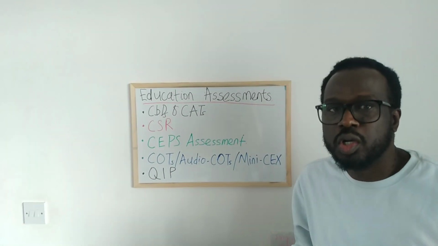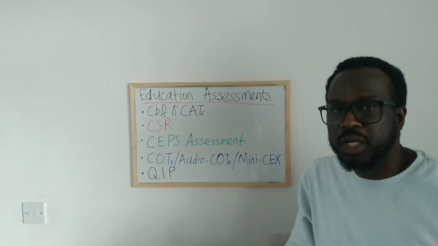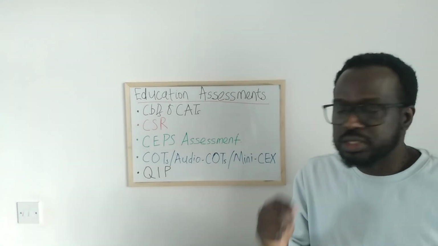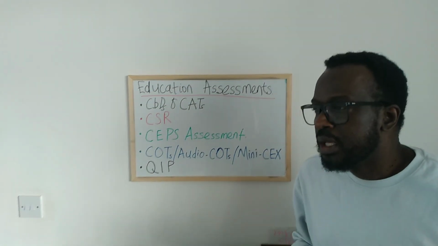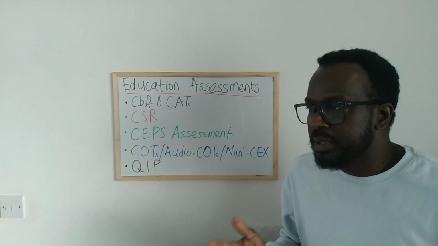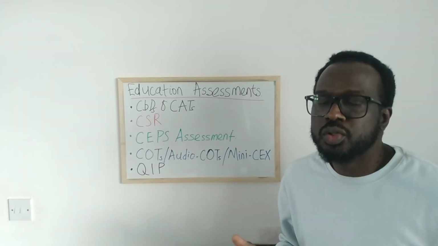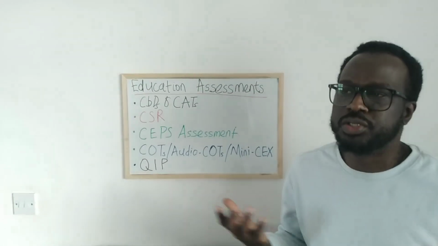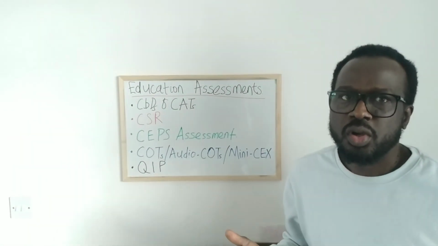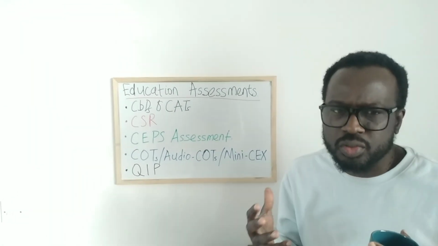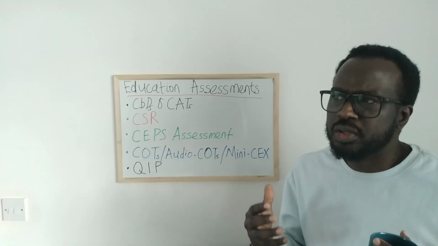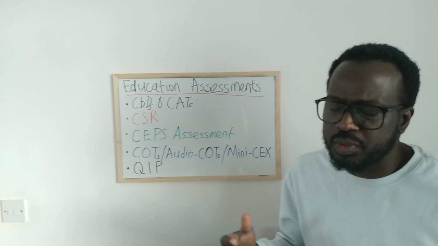QIP is what you call quality improvement project. Most times it is needed once a year. The best way I could say it is that you want to look at anything that touches your heart in your practice, or if you had a patient, and you struggled with the patient and you thought, well, if I see more of this, this is what I want to do.